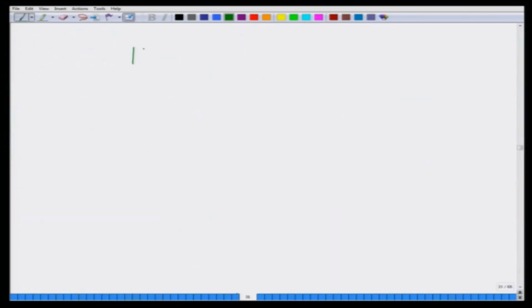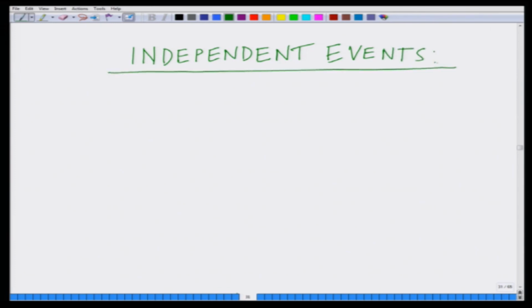For instance, we had looked in the previous module, we are currently focusing on independent events, and we had looked at this particular example where we had our sample space consisting of 4 PAM modulation, that is minus 3 alpha, minus alpha, alpha and 3 alpha.